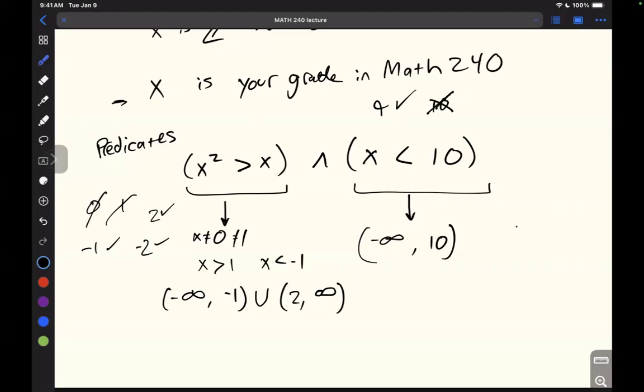And so we could either say comma 9 square bracket, or we could say comma 10 open bracket, like the parentheses. Since we're dealing with integers, these two are logically equivalent. Okay.